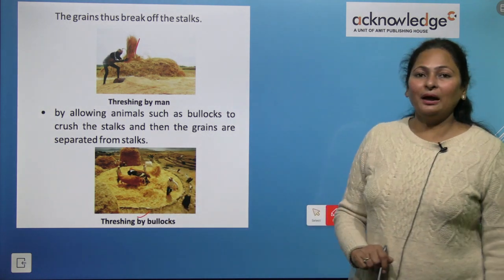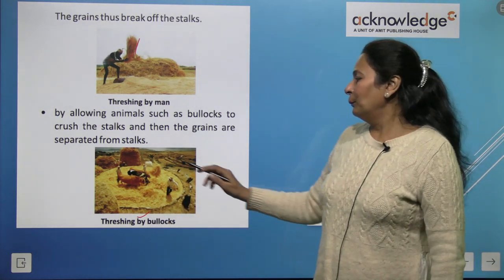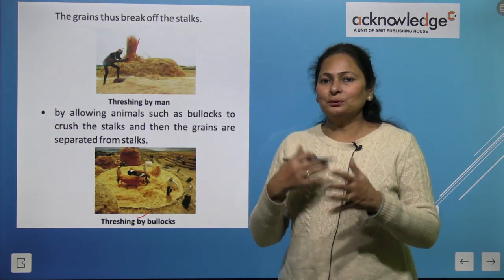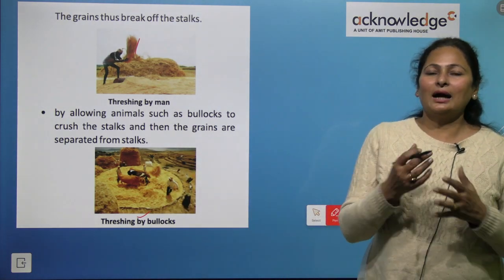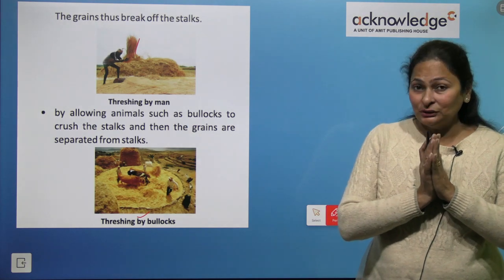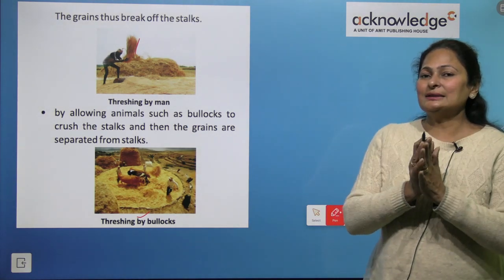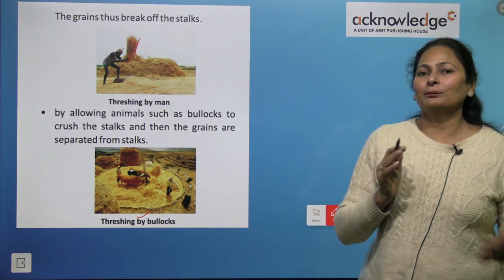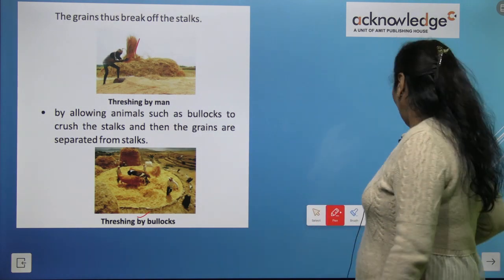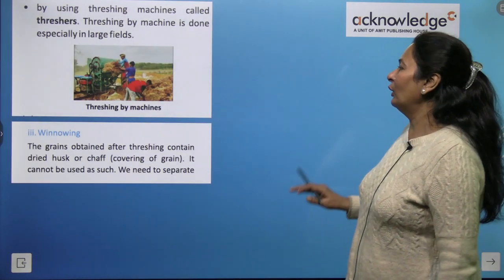threshing is also done by bullocks, right? The bulls are walking on the stalks and with the pressure, the grains are separated from the stalk. Now in a large field, what is happening?